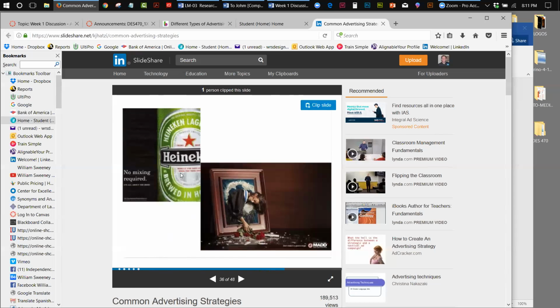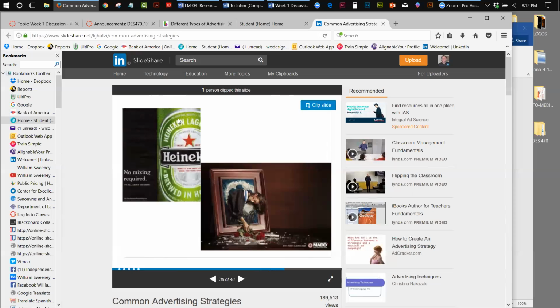This is really pretty good, because what they've done here is they put it against a stark black background. They do have a title, no mixing required, and then they show Heineken. They don't show the whole bottle, but they take a significant part of the bottle, which includes most of the labeling, which many people by now who would be drinking would know, and they probably make it large.